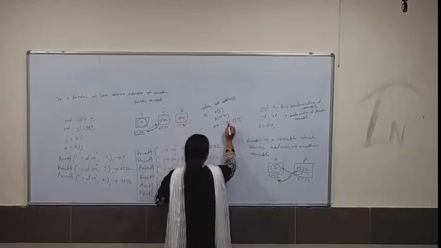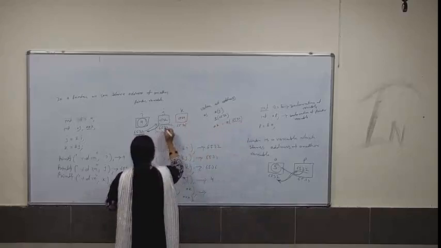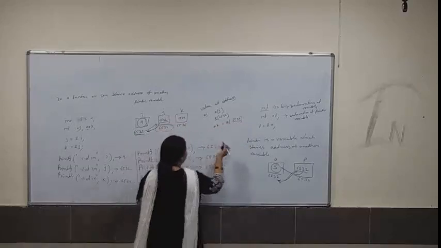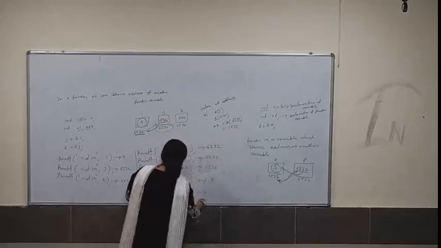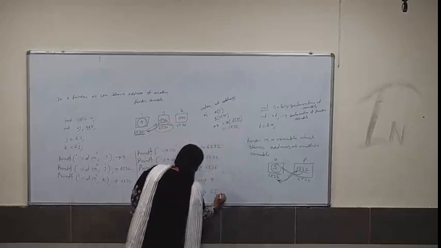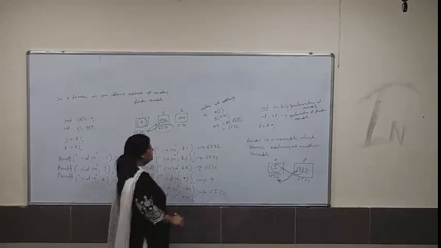Then star goes to that particular address. What is the value there? That is 6532. Then the answer will be 6532 at this moment. Now the next question is **k.